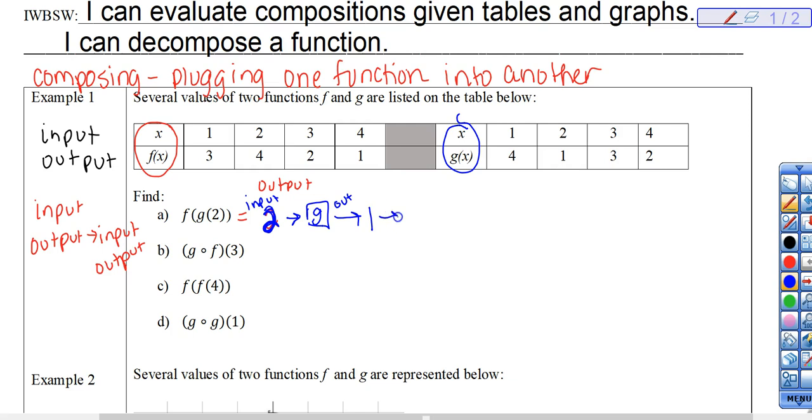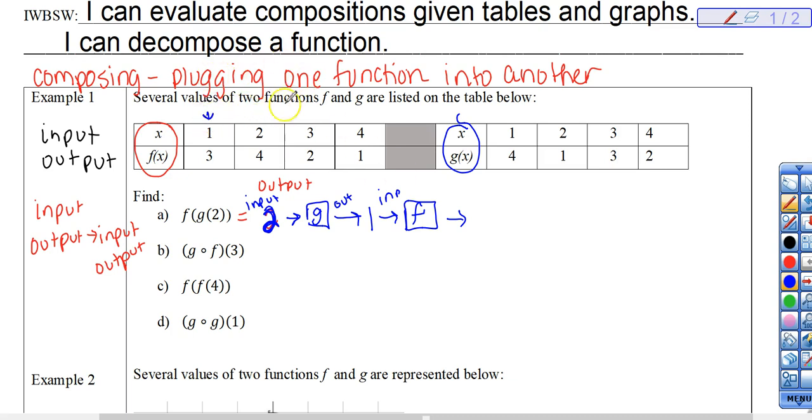Now, what I'm going to do is plug 1 into f. So I did 2 in equals 1 out, and now I'm going to plug 1 into my f. So that's right here.